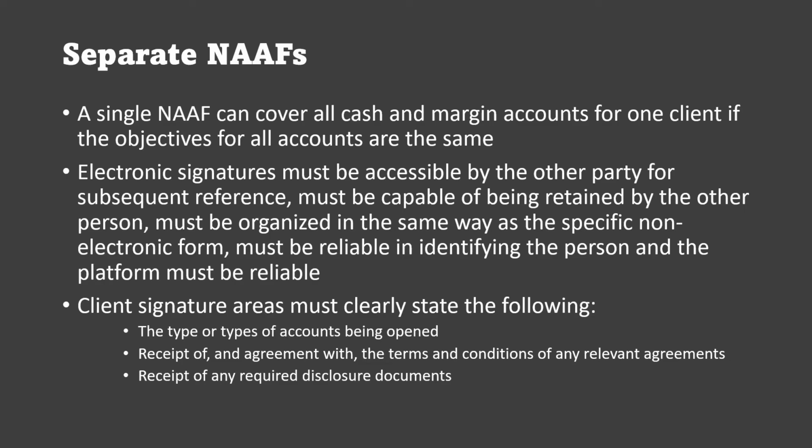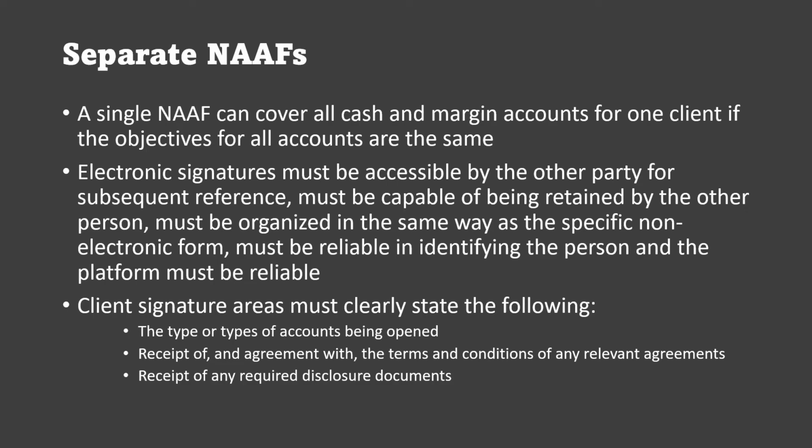Electronic signatures must be accessible by the other party for subsequent reference. It must be capable of being retained by the other person, must be organized in the same way as the specific non-electronic form, must be reliable in identifying the person, and the platform must be reliable.